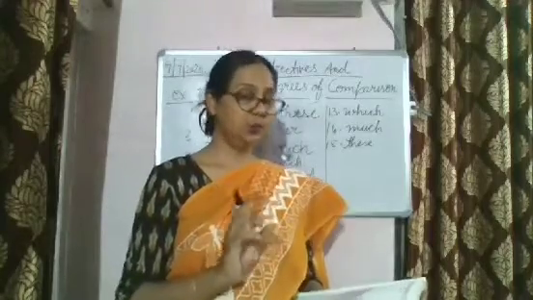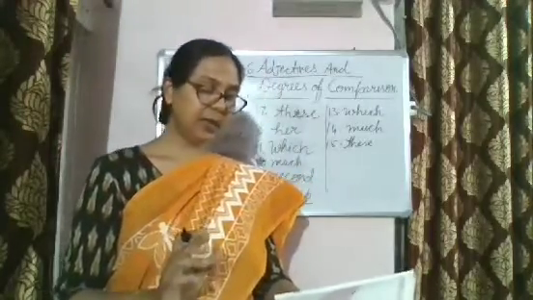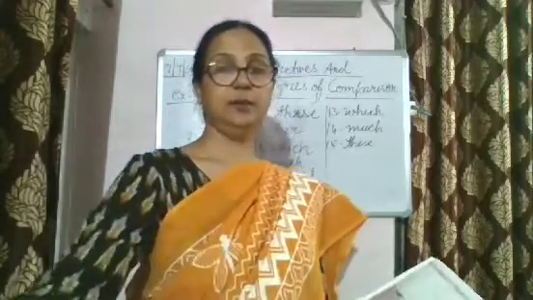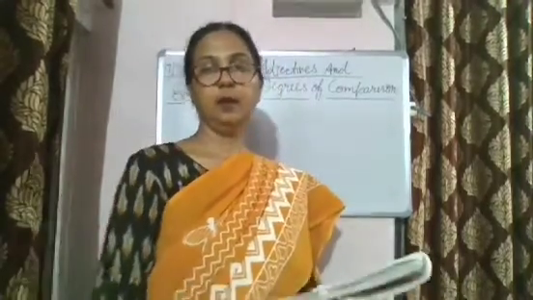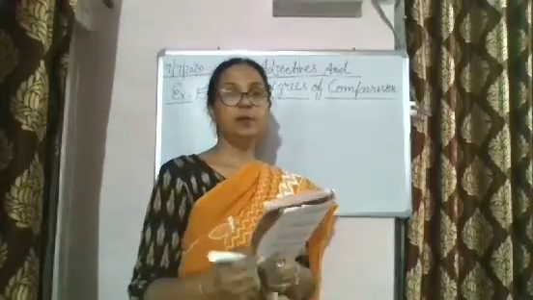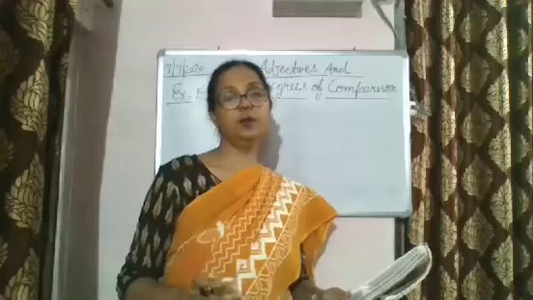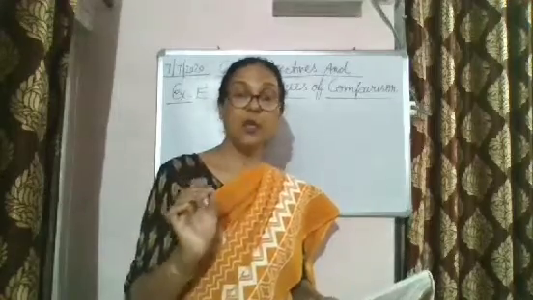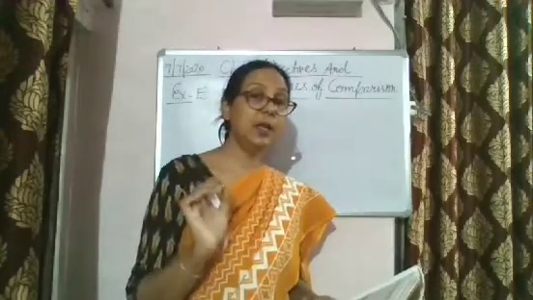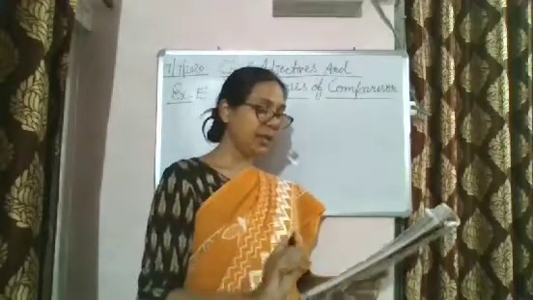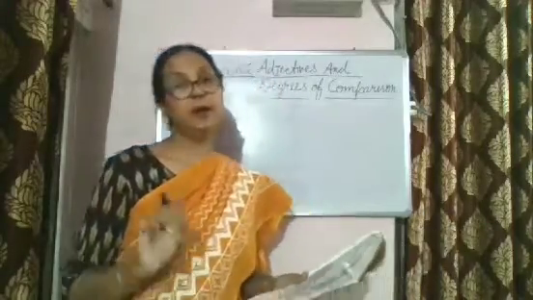So let's move to the exercise number E, which you can find on page number 33. We are going to solve exercise number E, which are based on degree of comparison. We have to recognize which degree of comparison is there. We have to underline it also. And let's start.